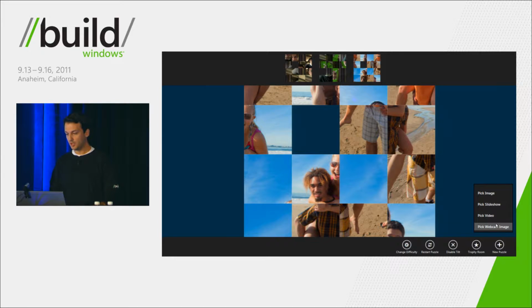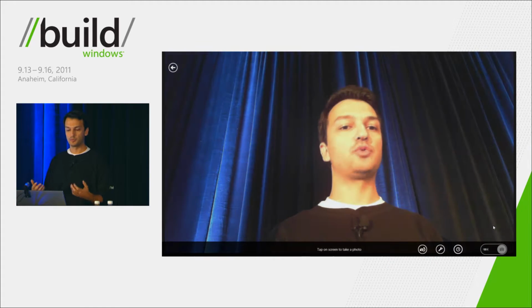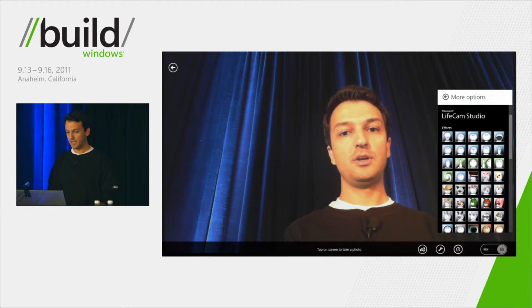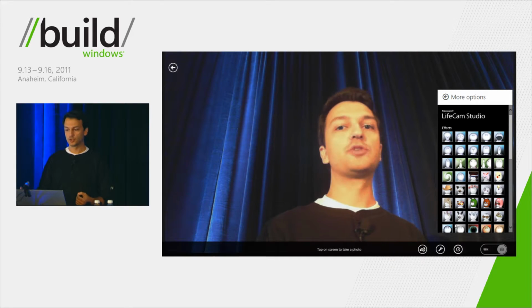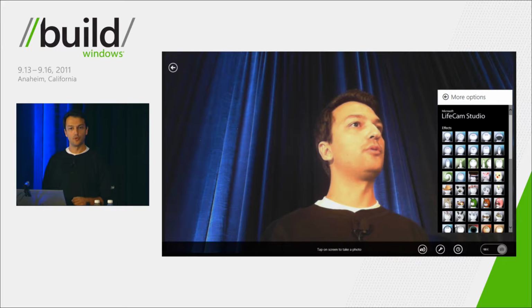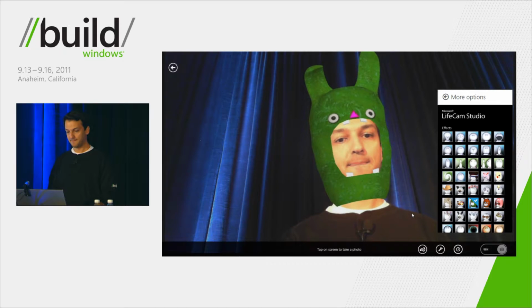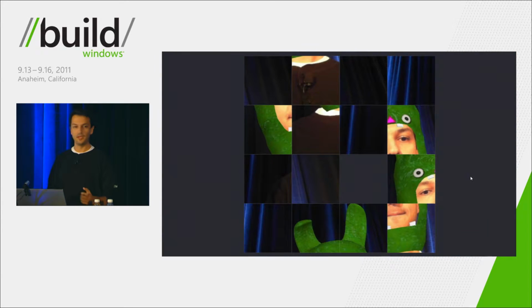But also, the app has this option to pick a webcam image, and we go back to the Windows-provided built-in experience, and I click on the more options, and the same settings that we've seen before that are associated with this LifeCam are also available for me so that I can take a picture with some effects applied. And then use that in my game.